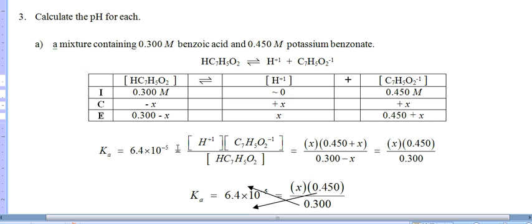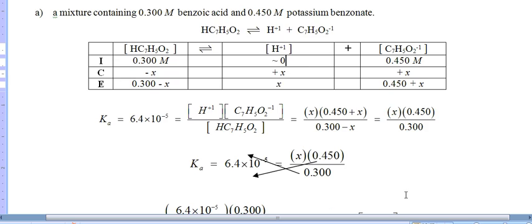So to do that, I want to write my expression, and again the expression I'll use has hydrogen as a product, and I'm using a Ka value. You'll notice that I have the plus and minus x's, which is appropriate, but since we're using the 5% rule, we will eliminate those so that we now have this remaining in our expression.